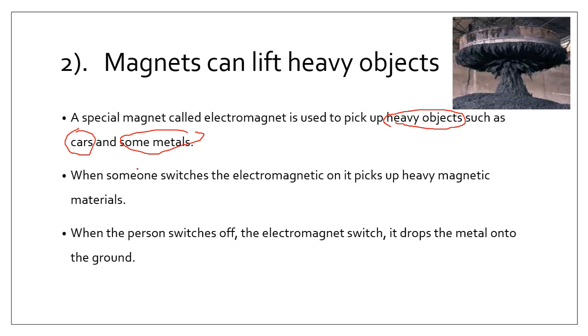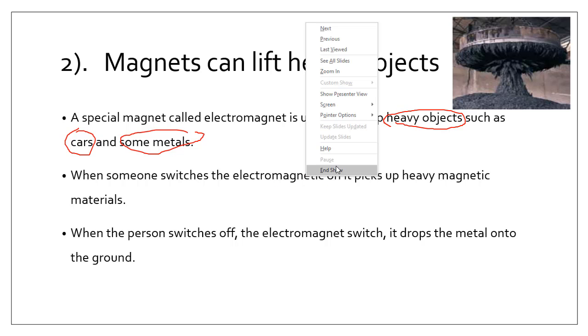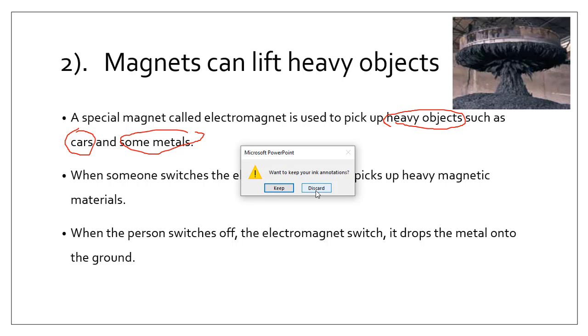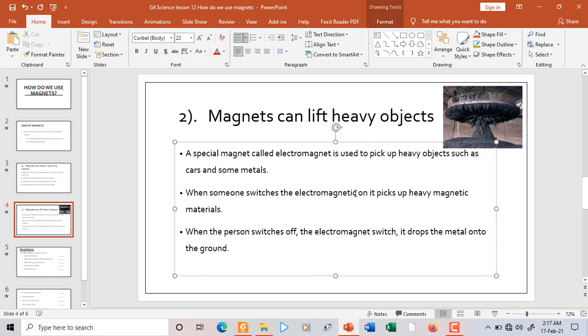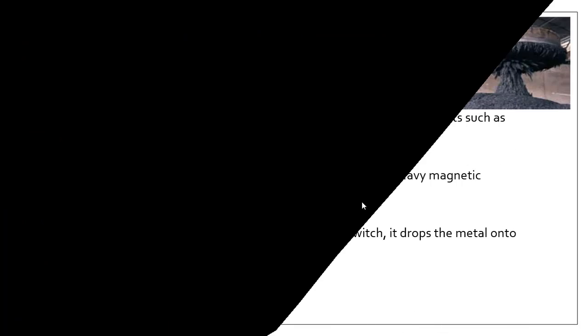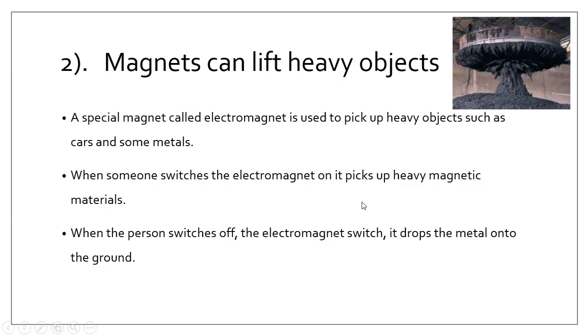When someone switches the electromagnet on, it picks up heavy magnetic materials, including cars.